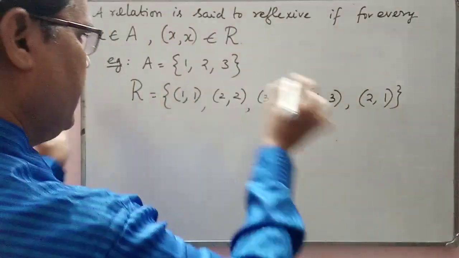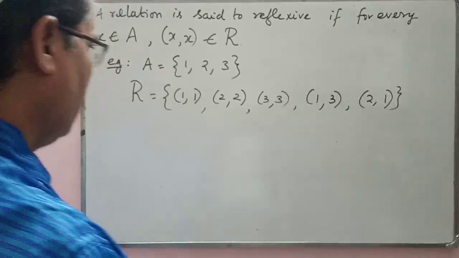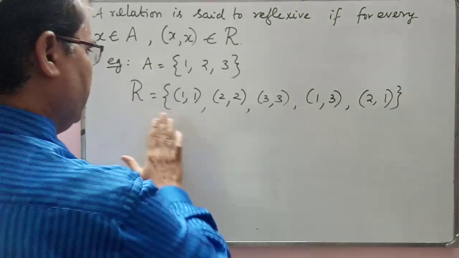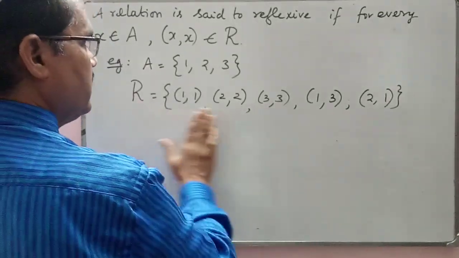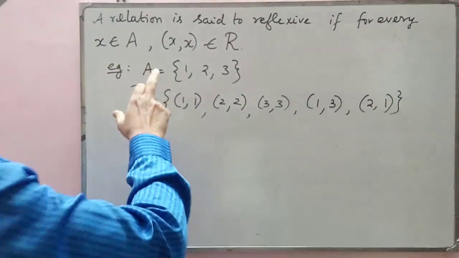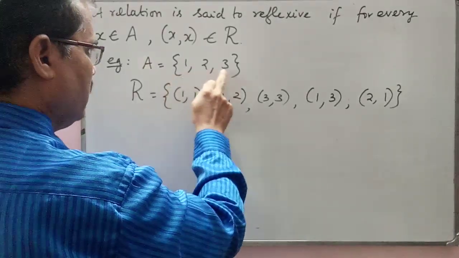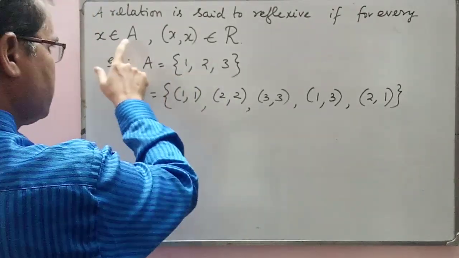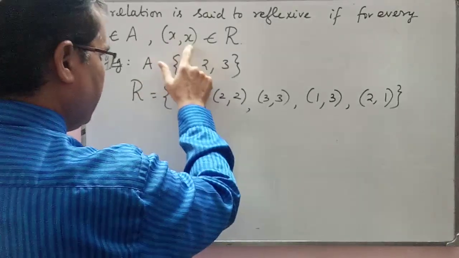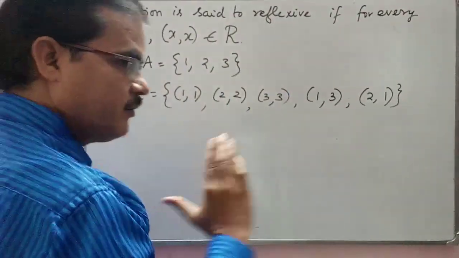I got these ordered pairs in my relation. Now we need to find whether this relation R is reflexive or not. So see the elements of the set A. It has 1, 2, and 3. If x belongs to A, then (x, x) should belong to R. Then we will call it reflexive. It's like a reflection.